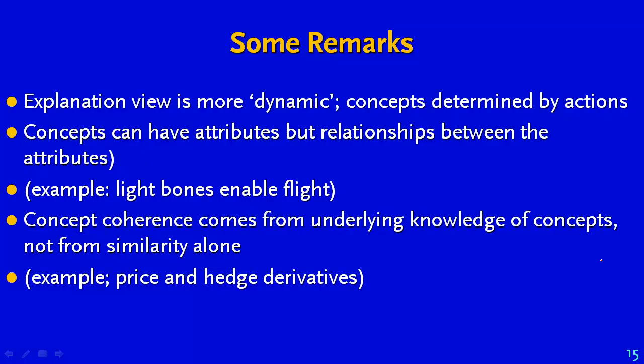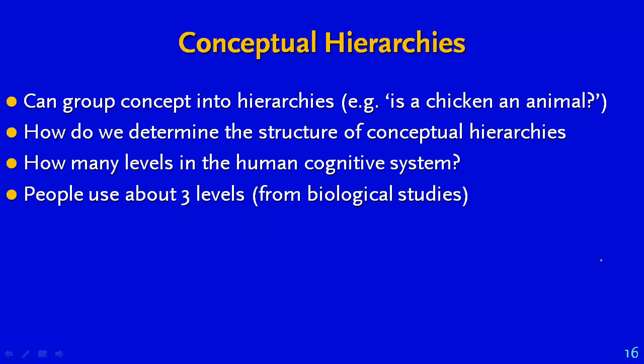Birds with light bones can fly more easily. So the coherence of your concept comes from the underlying knowledge of the concepts, what they actually do, not from the similarity.